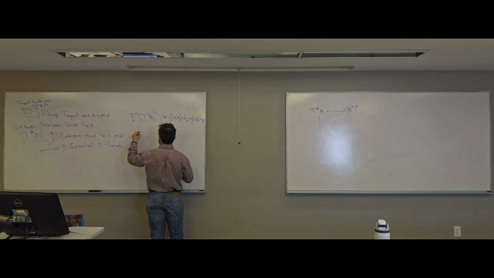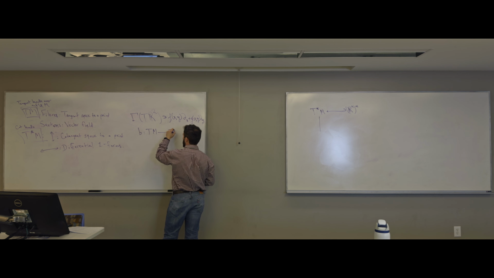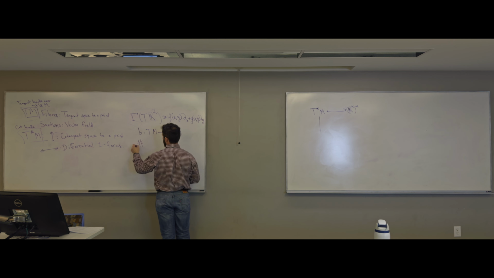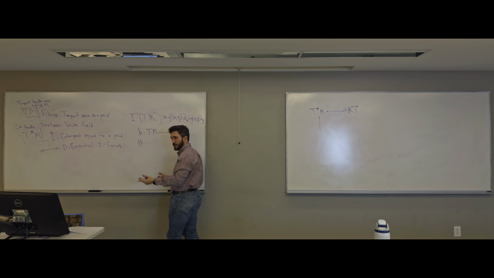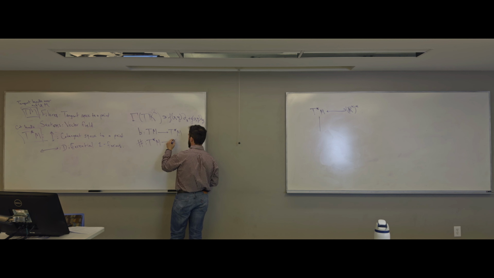And you can take this map, musical flat, and it takes you from elements of TM over to elements of T star M. So it takes you from tangent vectors to cotangent vectors. And you have the corresponding inverse, sharp. These are called musical isomorphisms. It takes you from cotangent vectors to tangent vectors.